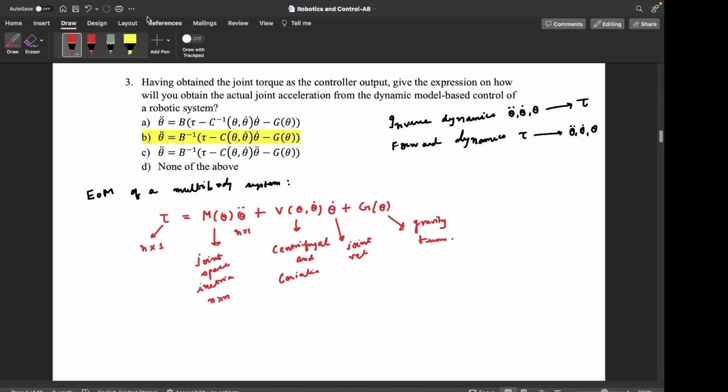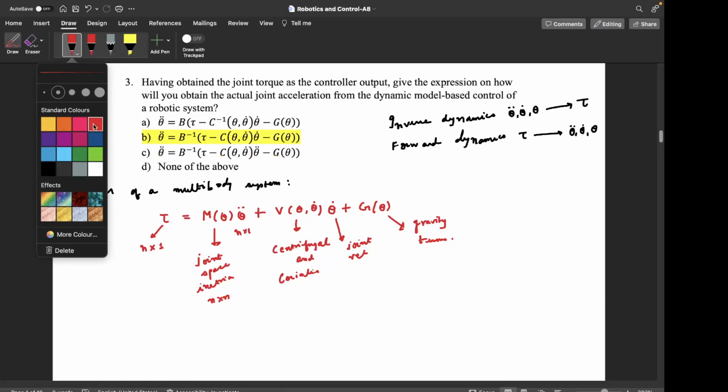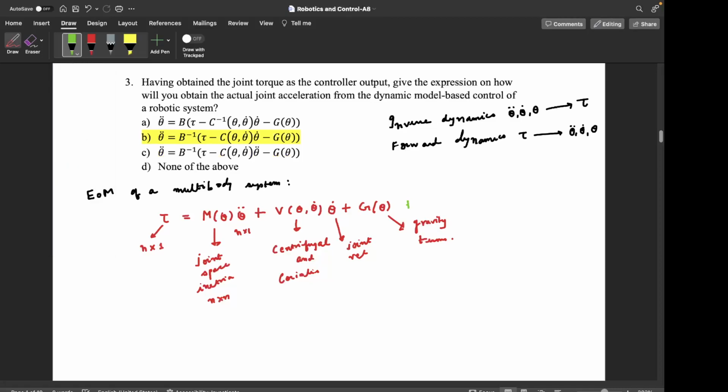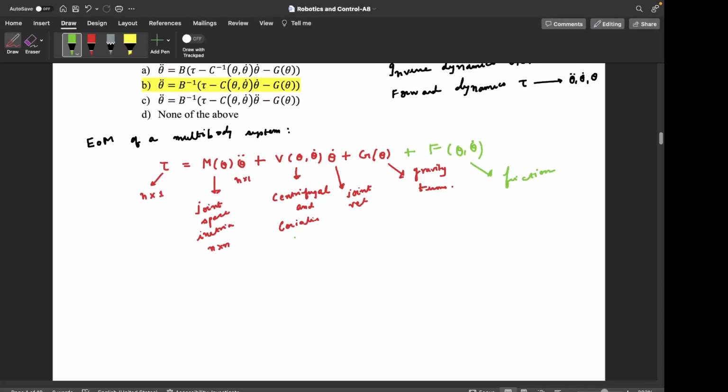So in case we also have some frictional effects, we can add a friction term also, right? Generally it's not written, but since it's there in the lectures, I will just put it here. So this is friction. Okay.